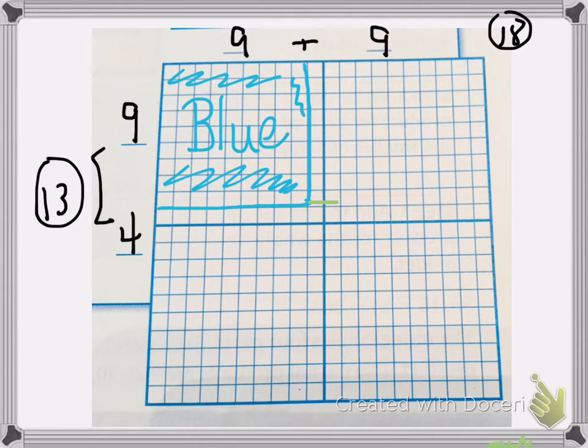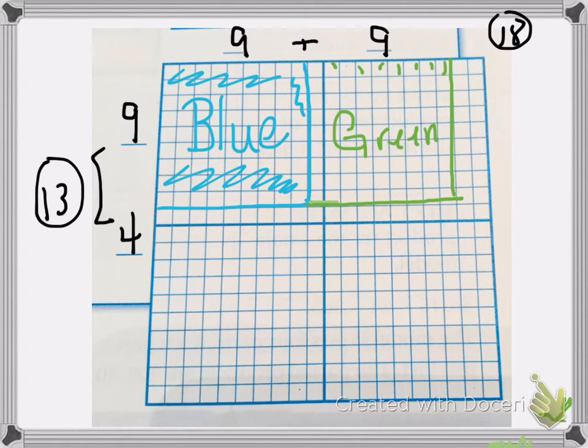Let's get a nice green here. 9 times 9. This is my green area. I have 1, 2, 3, 4, 5, 6, 7, 8, 9 times 9.